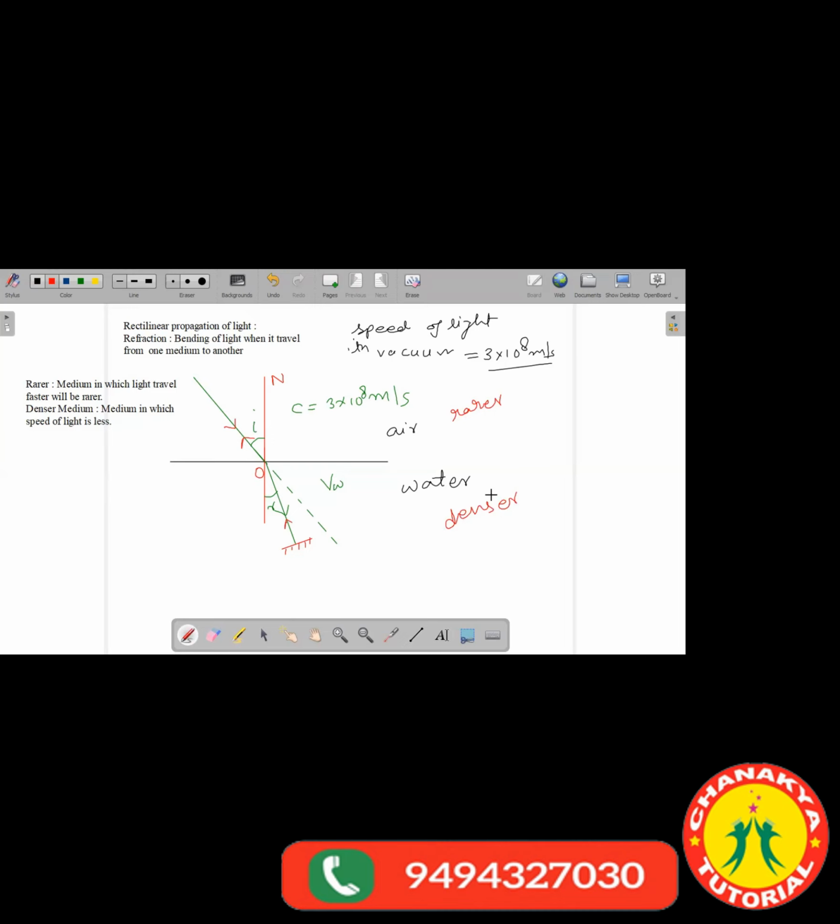Is everyone clear about refraction of light? Yes, sir. Okay. So a point to be noted is that if a ray of light travels from a rarer medium to a denser medium, it bends towards the normal. This is an important point here.